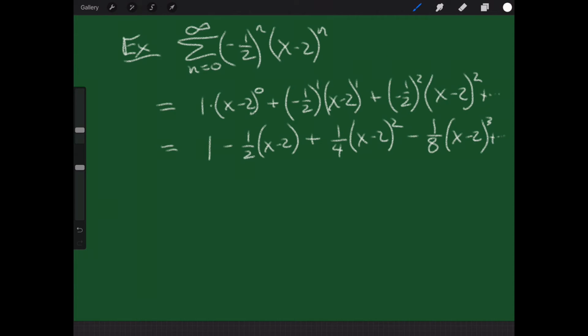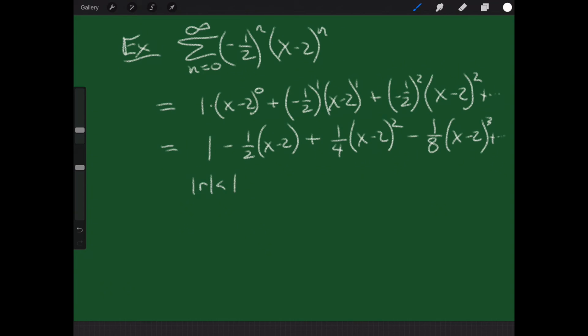But the key to figuring out, does a guy like this converge? Does it diverge? Well, it all depends on r, right? We know that it will converge if the absolute value of r is less than 1. What is r in this case? What do I multiply by every time to get to the next term in the series?